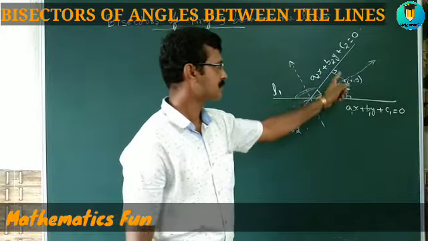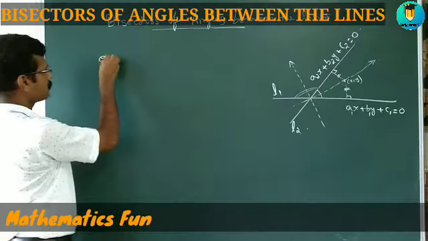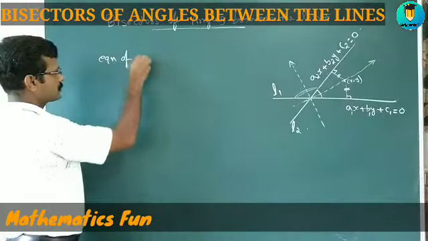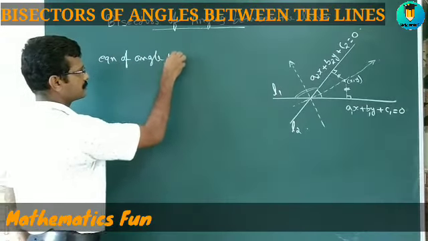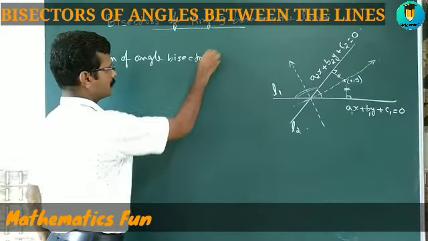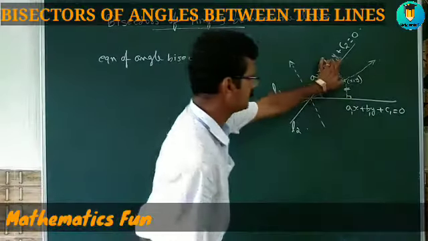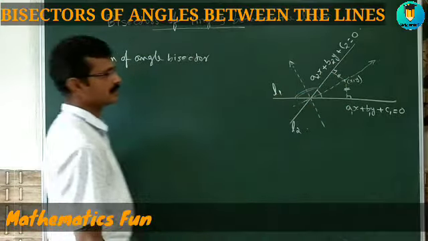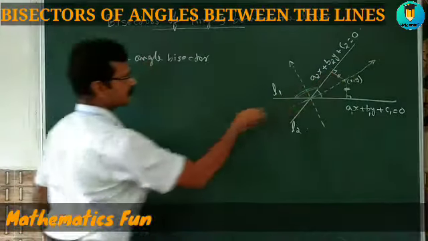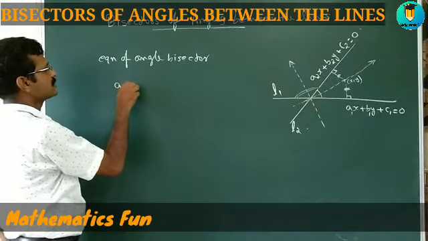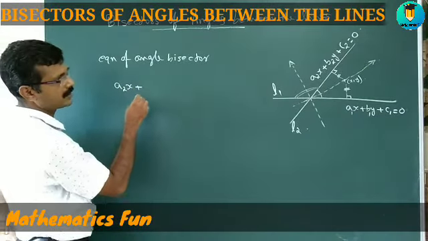So I can say directly, the equation of the angle bisector: this distance equals this distance. We put the point x, y, so it will remain the same thing.